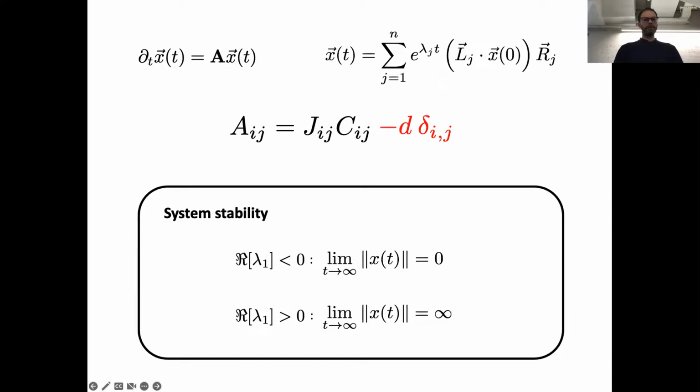We subtract a matrix proportional to the identity matrix, which has this value d. So this is a constant shift of all eigenvalues to the left. And this allows us to get a phase diagram for the stability of a linear system on a random directed graph. And as we have seen, this should be universal.